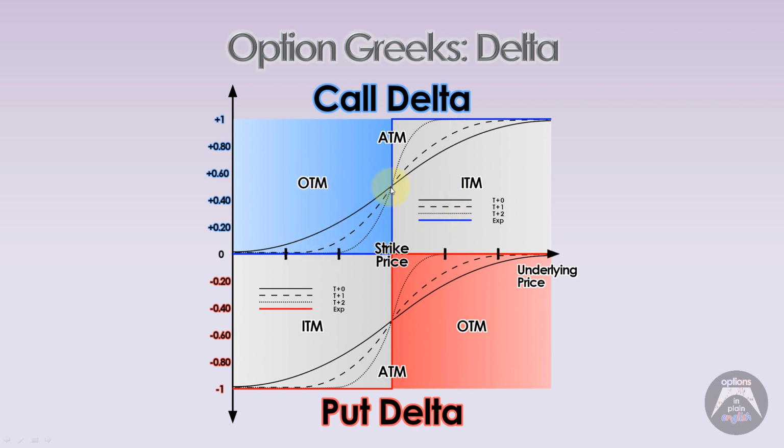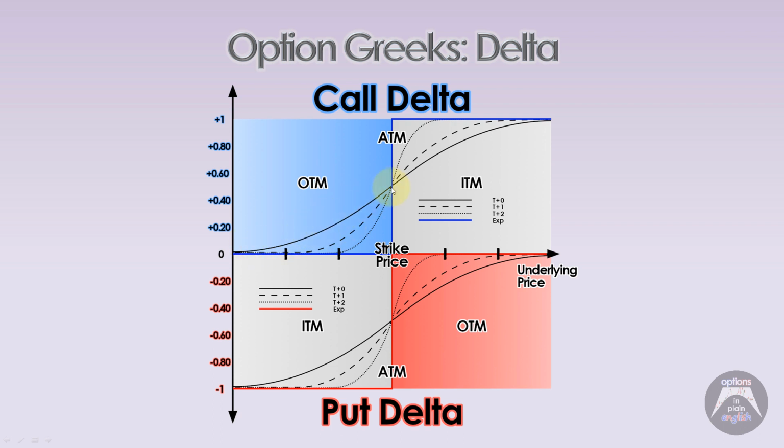Now, at the money, you can see that the option has an approximate delta of 0.50. So when it's at the money, it doesn't matter whether it's a call or a put. A put would have a minus 0.50, but it's the same absolute value. So at the money, you have roughly 0.50 delta.